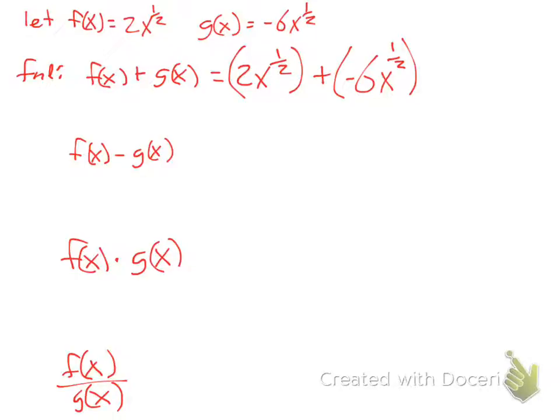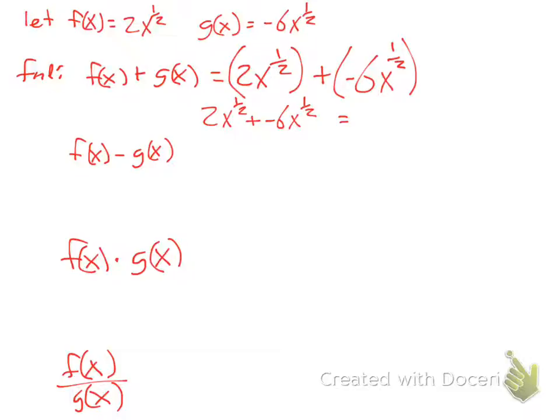So we don't need the parentheses, and so it becomes 2x to the 1/2 plus a negative 6x to the 1/2. Hey, wait a minute. Those are like terms. They're both 1/2 powers. If I have 2 of them and I'm adding a negative 6 of them, I have how many of them?